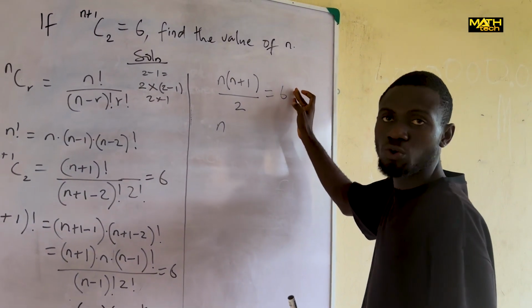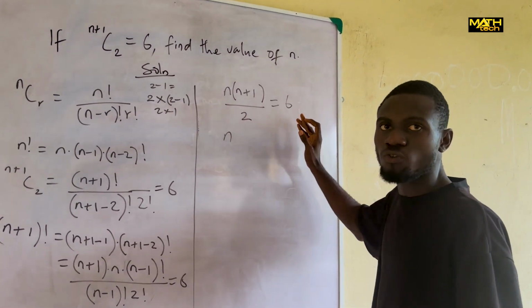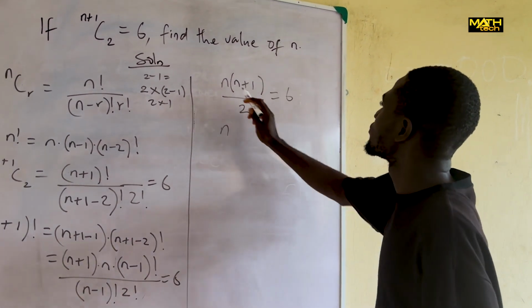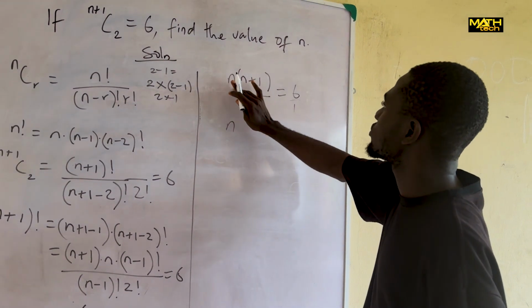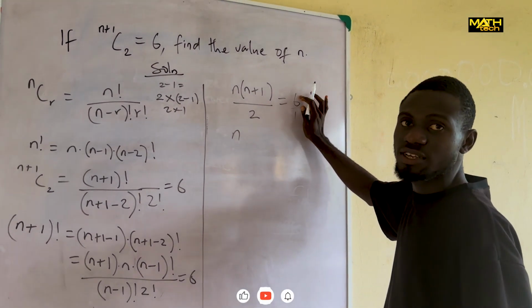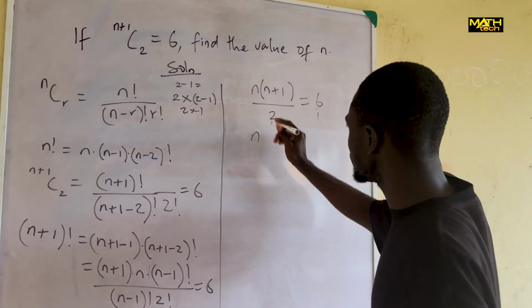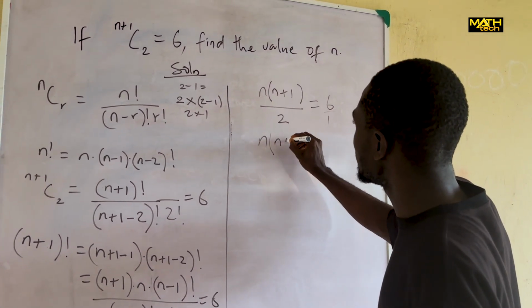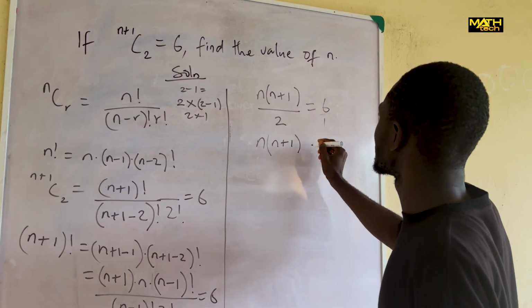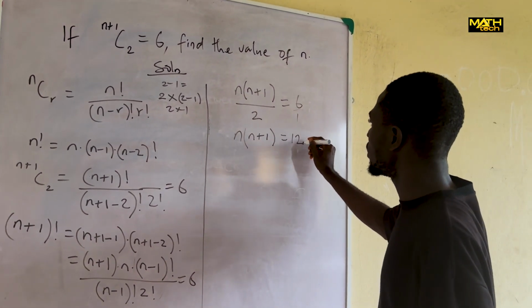Seeing 6 as a whole number here, it's still a rational number in the sense that this is 6 over 1. So the numerator here multiplies the denominator there, and that denominator multiplies this numerator. Here we have n into n plus 1 times 1, and 2 times 6 gives us 12.